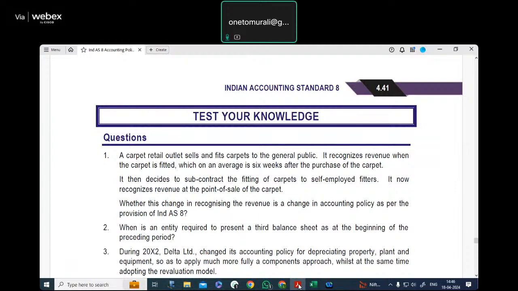So it then decides to subcontract the fitting of carpet to self-employed fitters. It now recognizes revenue at the point of sale of the carpet. Whether this change in recognizing the revenue is a change in accounting policy as per the provision of Ind AS 8. Is it a policy change? So as far as the customer is concerned, when you demand money, they would just pay only upon completion of the work.